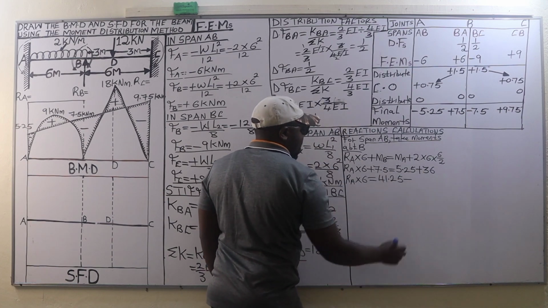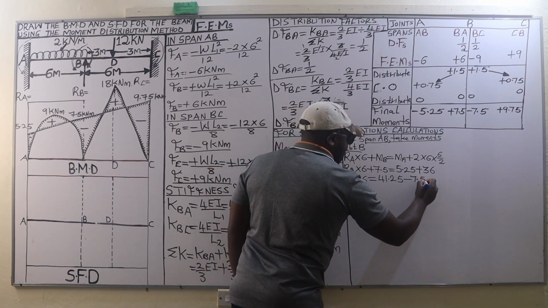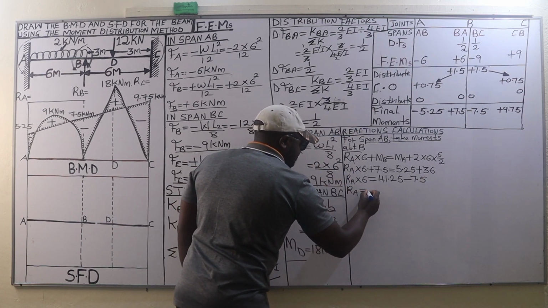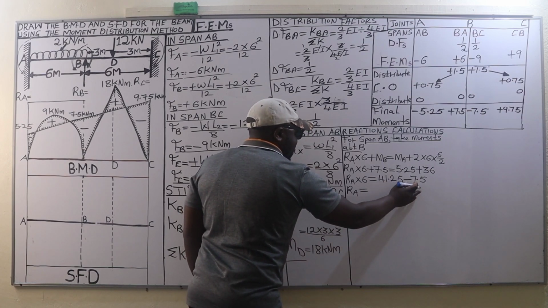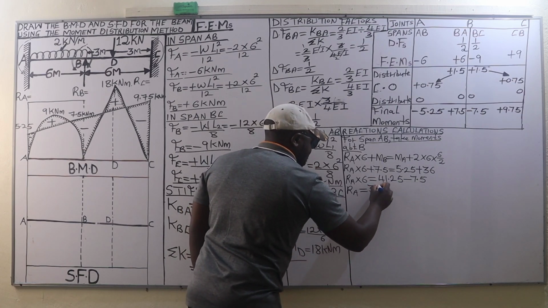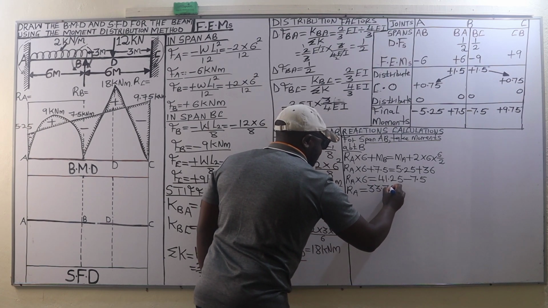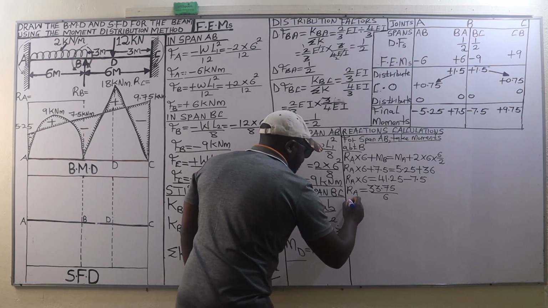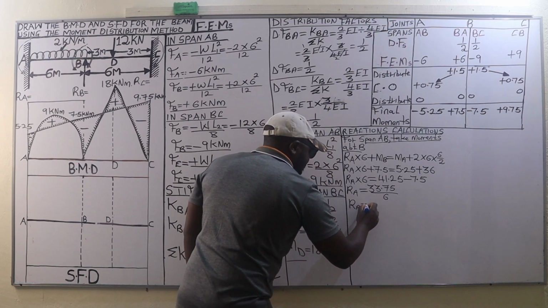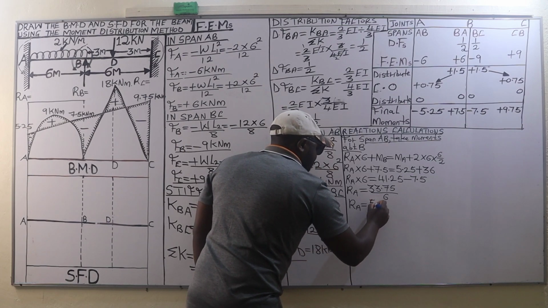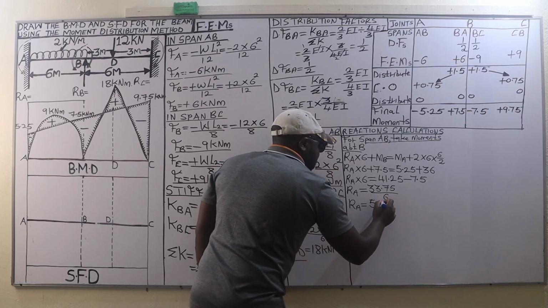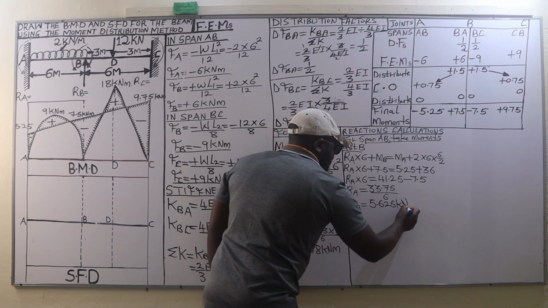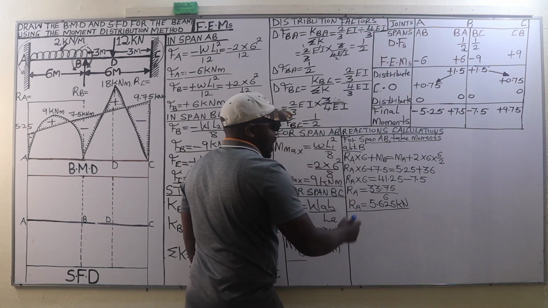Then we take 7.5 to the other side of the equal sign, it is going to be minus 7.5. That will lead us to RA being equal to 41.25 minus 7.5, that is 33.75. And then we divide by 6, and that is going to give us a reaction at A of 5.625 kilonewtons. So that is the reaction at A.